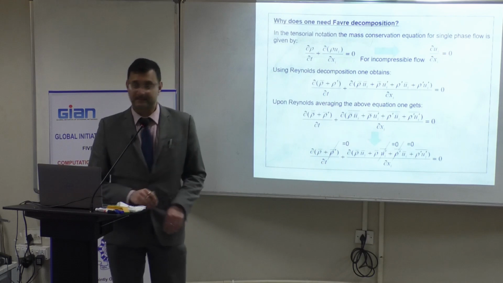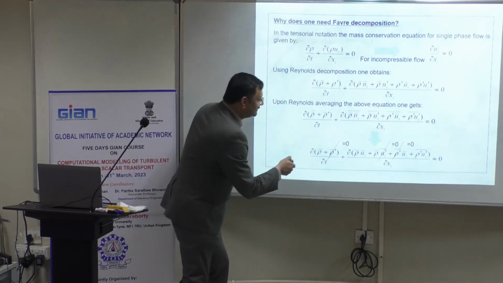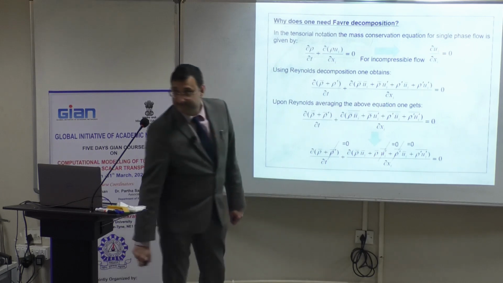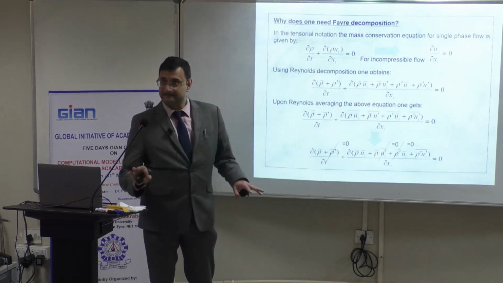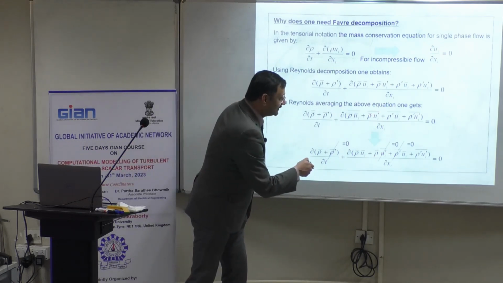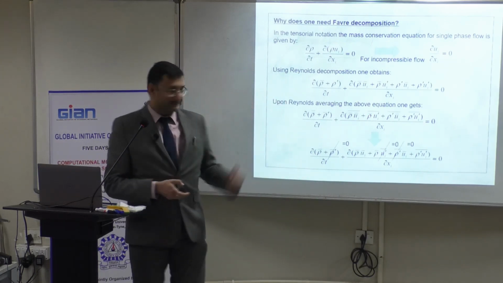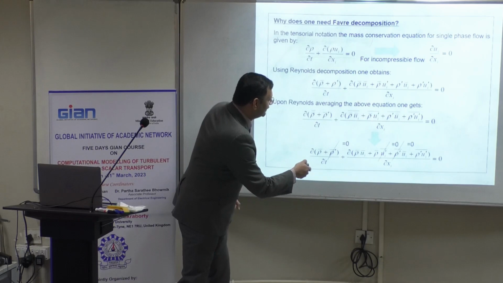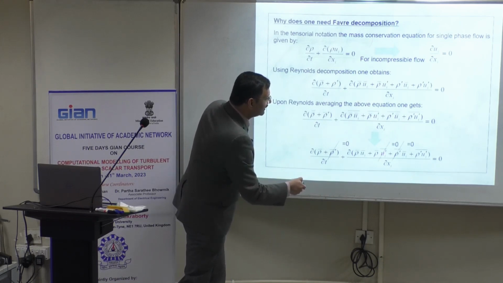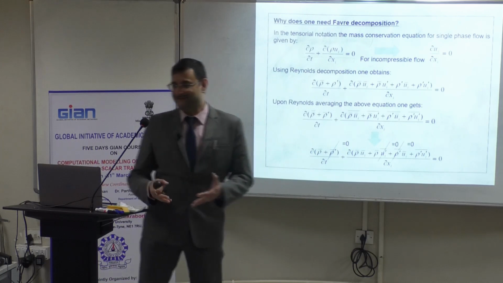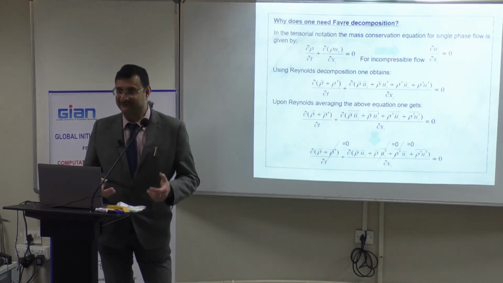Clear? These are already mean quantities. Averaging of that will give this. Happy? This is already a mean quantity, so it actually acts as a constant. It comes out of the averaging process. That's what happened. But then you have Ui prime bar. What happens to that? By definition, it's 0, right? It's a mean of fluctuation.